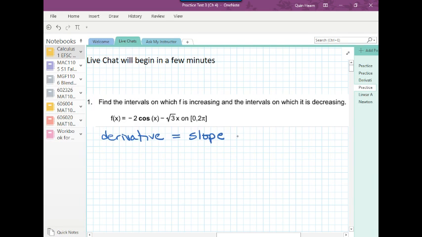And if you have positive slope, we've known from a long time from learning about lines back at the very beginning of algebra that positive slope means that a line is rising if you read it from left to right, and negative slope would mean that it's falling.